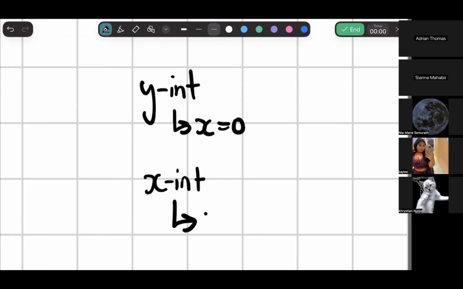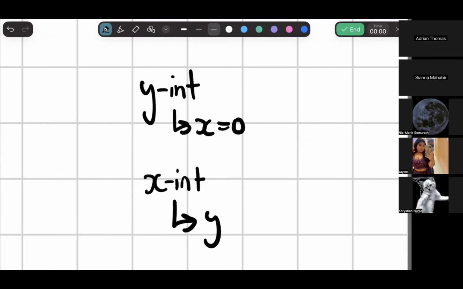Repeat. At the x-intercept, what is the y value? So, Adrian, if I say x-intercept, that means the line or the graph cuts the what axis? Yes, it cuts the x-axis.